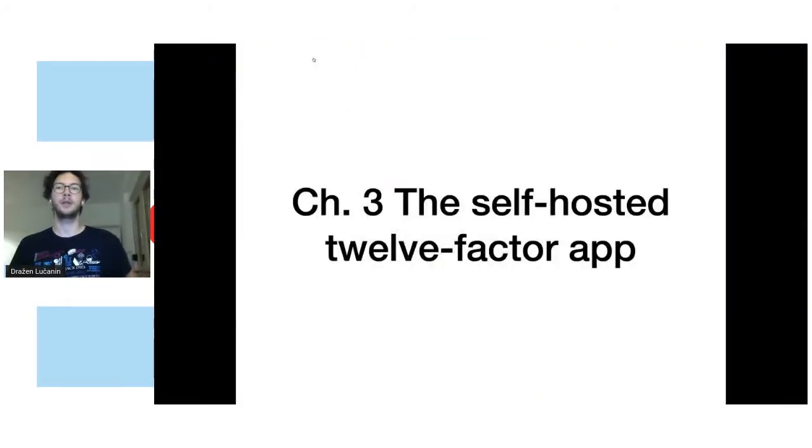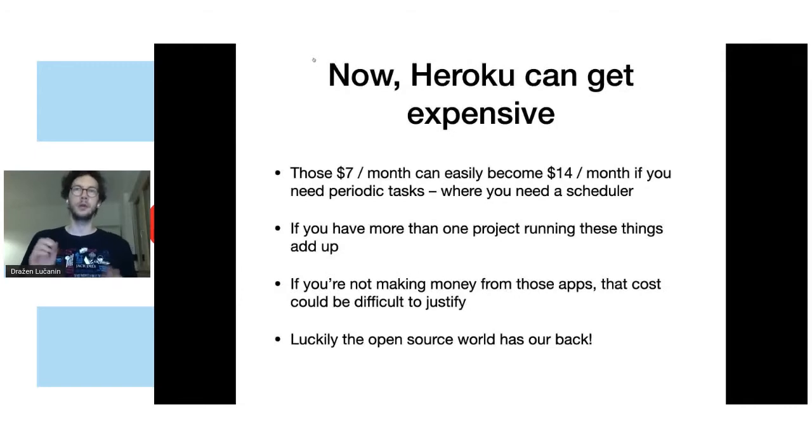And now we're in part 3 or chapter 3, which is the self-hosted 12-factor app. Okay, so why do we get into this? Heroku, for all its benefits, can get a little expensive. These $7 a month dynos can easily become $14 a month dynos if you need periodic tasks.